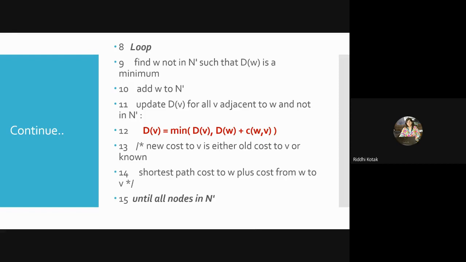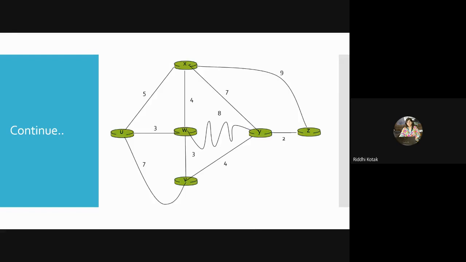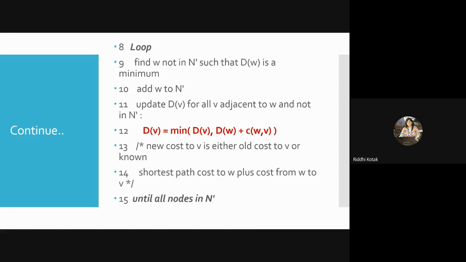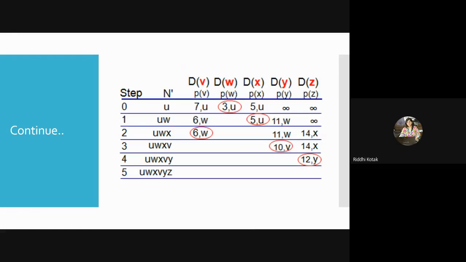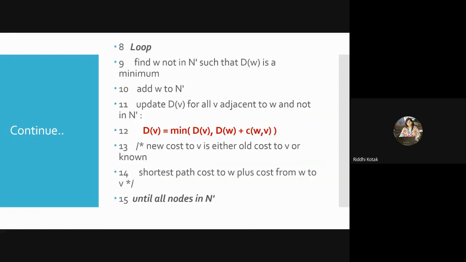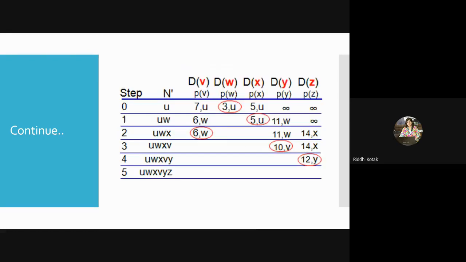In the bracket, D of V means 7 comma U, and another one is D of W, that is 3 plus 3, 6. So the minimum one is 6, right? That is the reason in the table you have to update. Instead of 7 comma U, now to reach V node, the value is updated to 6 comma W.